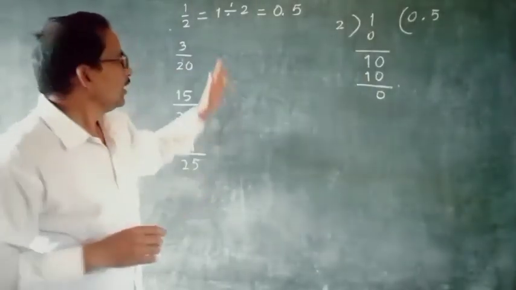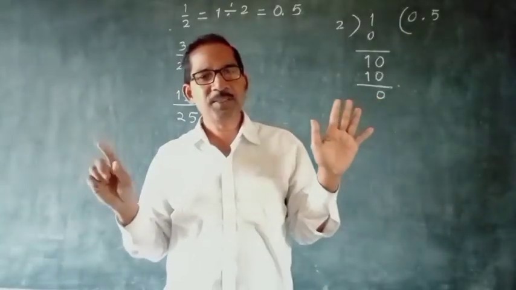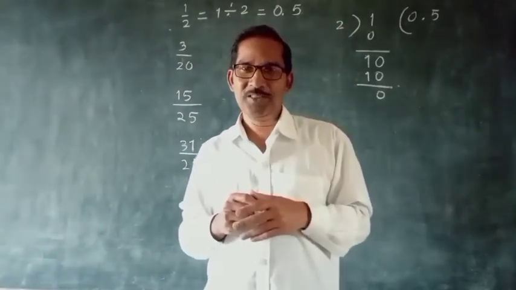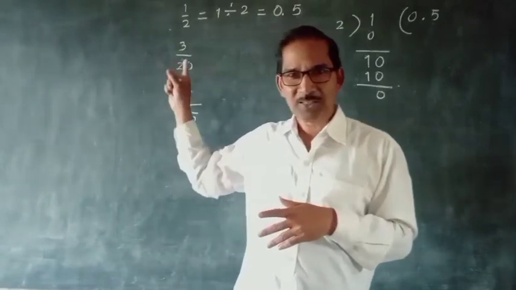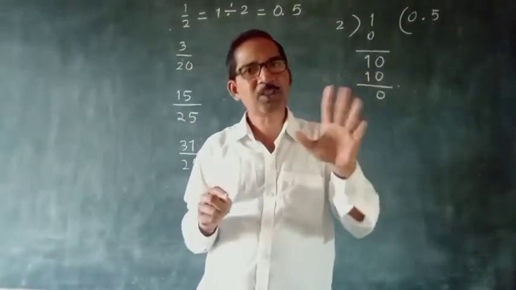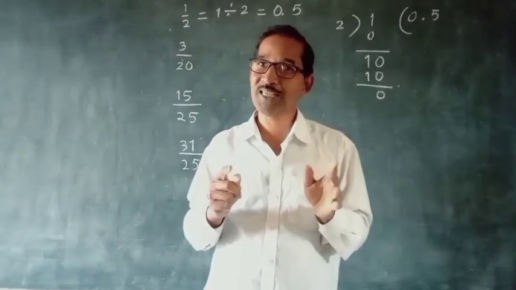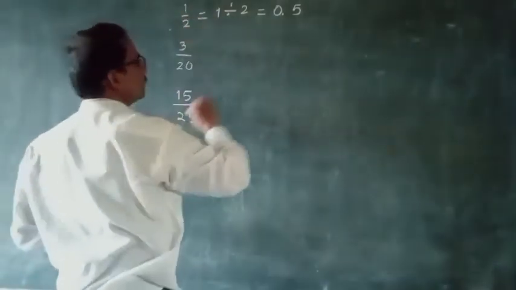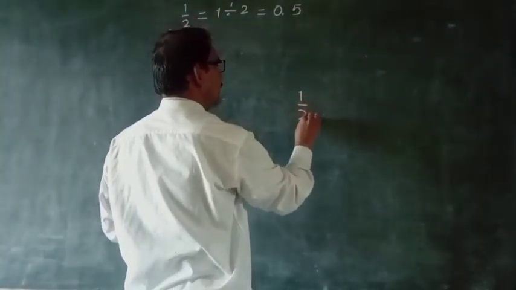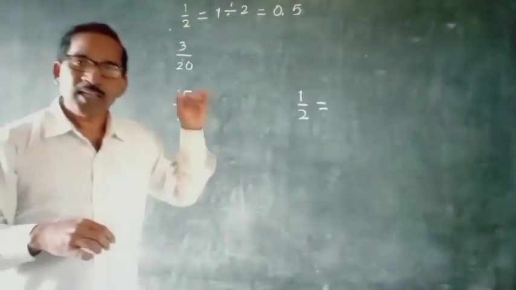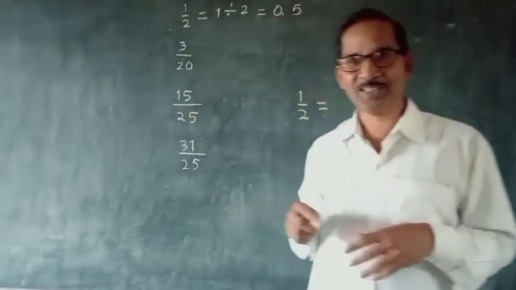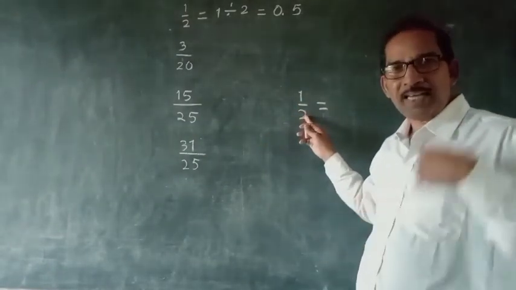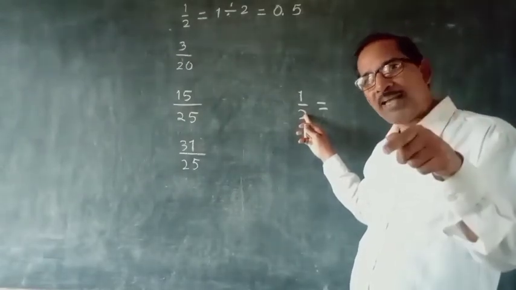So without making any division, you can also make the decimal transformation of a fraction. For 1/2, we have to convert the denominator into 10 or a multiple of 10. To make 2 into 10, we have to multiply it by 5.